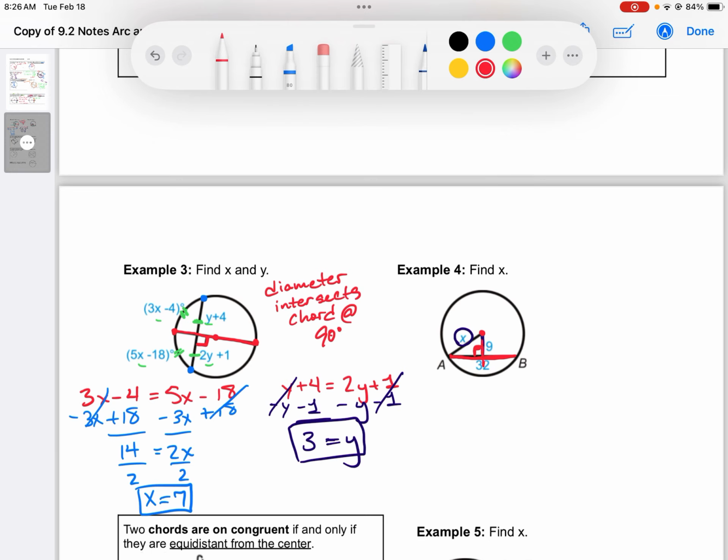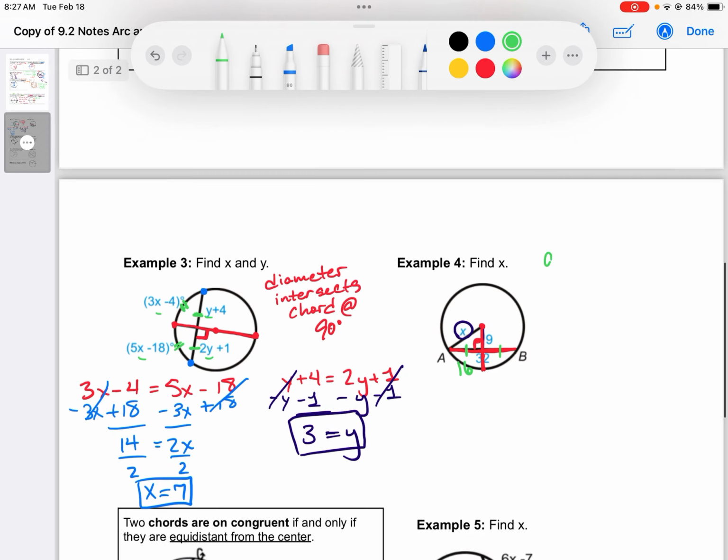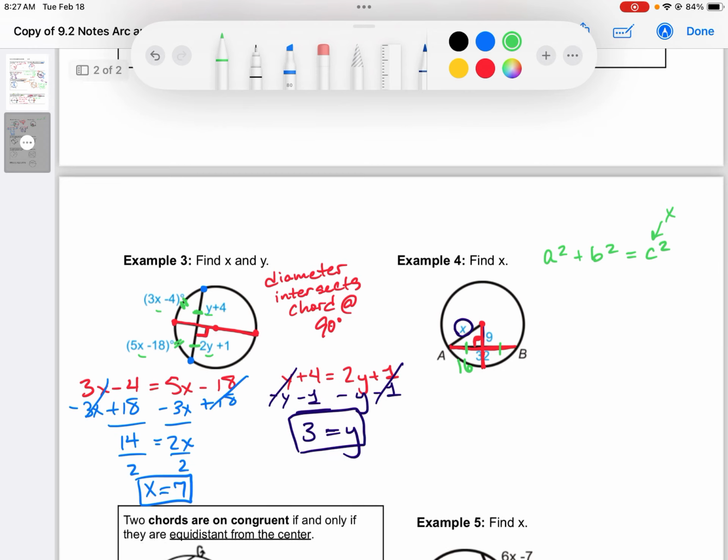So that means it is bisecting the chord. It's taking this 32 and splitting it into 2 equal parts. So now I've got a right triangle where I don't know the hypotenuse, but I do know the 2 sides, so I can use the Pythagorean theorem. In this case, x is my c, my hypotenuse.